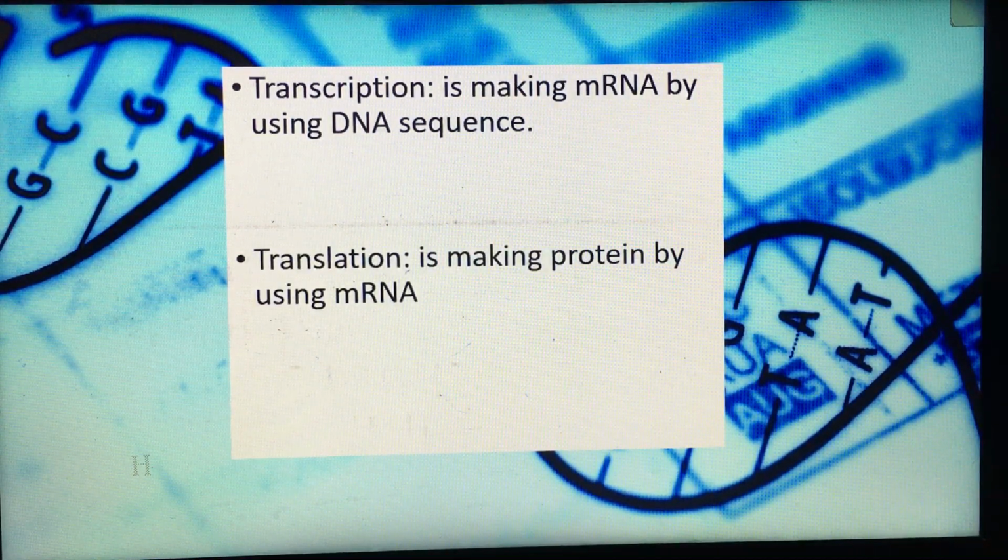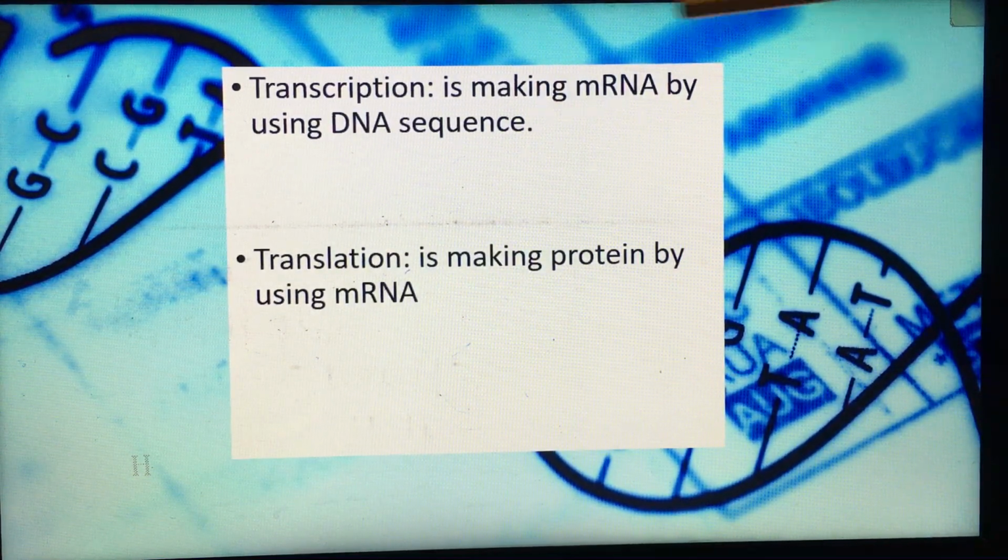But you have to know that RNA never contains the base thymine, which is T. Thymine is replaced by a fifth base called uracil, U. So instead of the base pair AT used in DNA, in transcription we have the base pair AU.